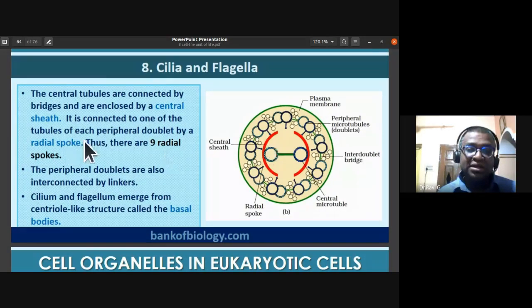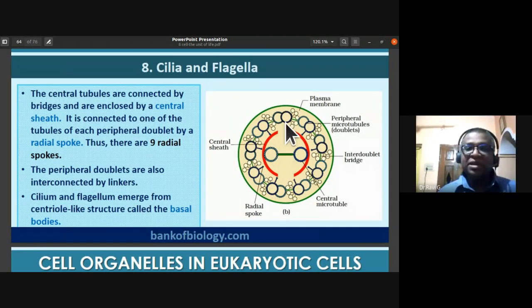So the radial spoke connects one of the peripheral microtubules to the central sheath. Thus, how many radial spokes are there? There are 9 radial spokes.